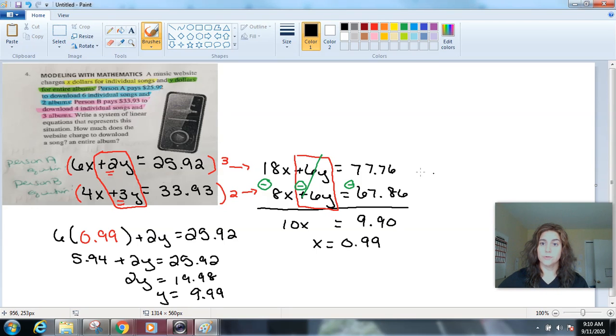Again, if this was an ordered pair, if this was a graph, this would be my ordered pair. And this is partly why graphs aren't always the best. You would never come up with that on a graph. You would visually not see it. You would think it were whole numbers. And if you round it, now you're getting wrong values. So again, it's a word problem, word answers.